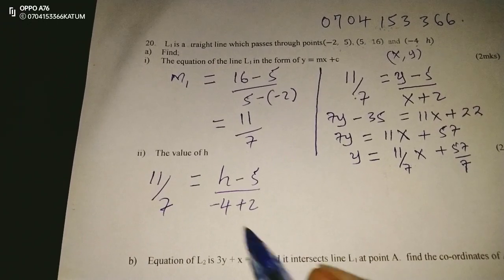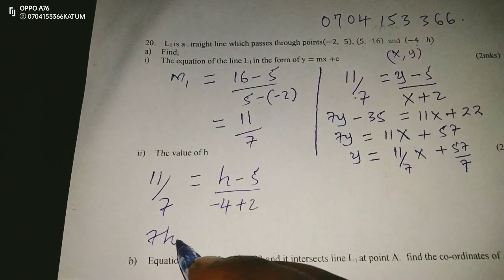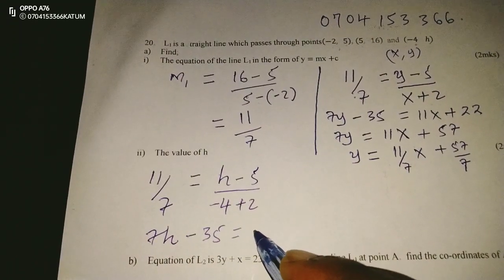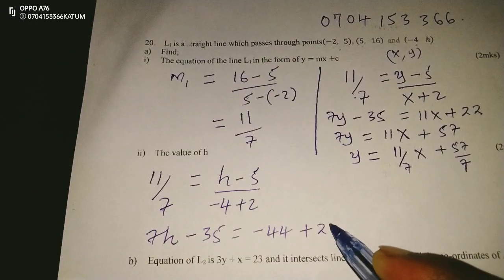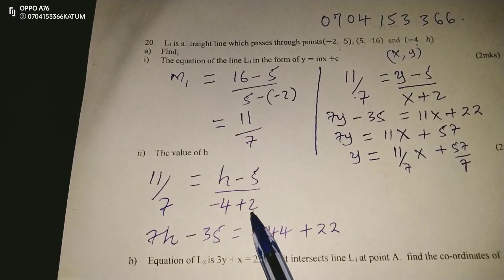Now when we cross multiply, we will have 7h minus 35, equivalent to 11 times -2 which is -22 when combined. This could have been combined even at an earlier stage.